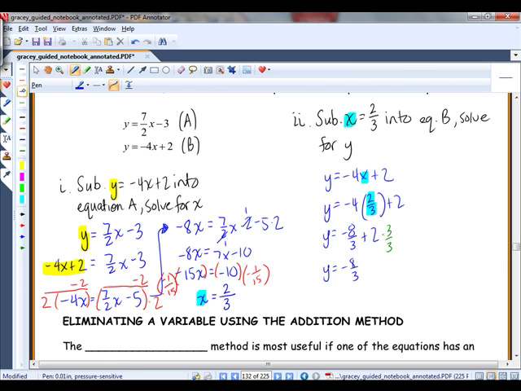So we'll have -8/3 plus 6/3. So y will equal -2/3. All right, so now our conclusion: we got a solution of an ordered pair, 2/3, comma, -2/3. And this is a consistent system.